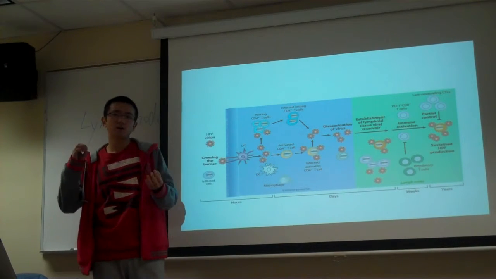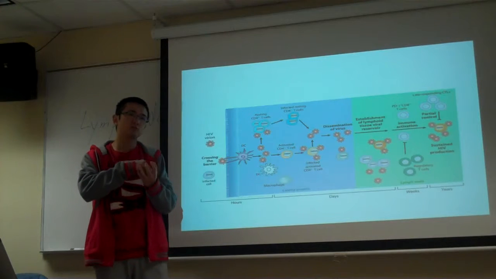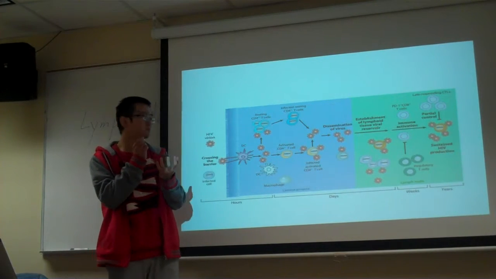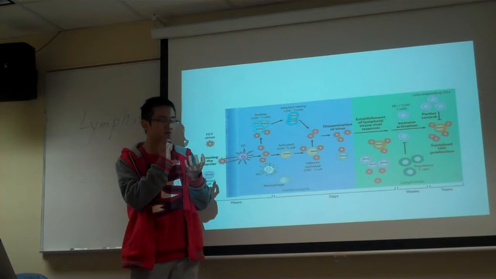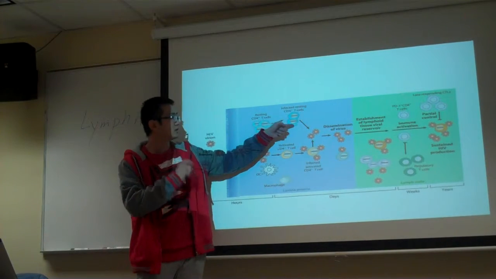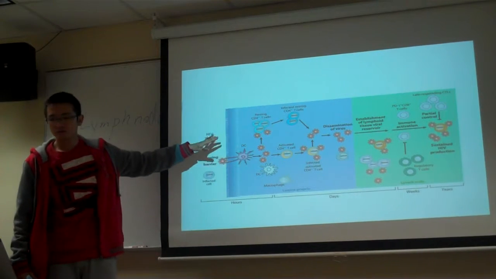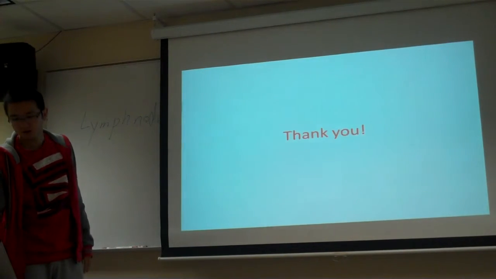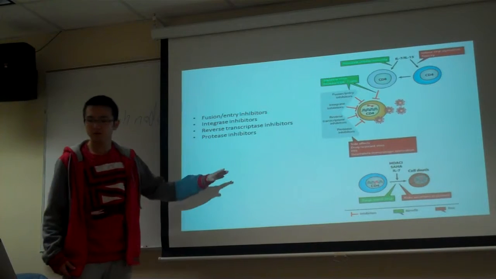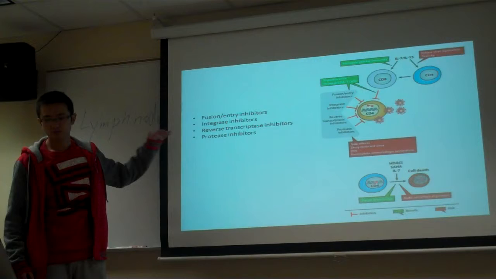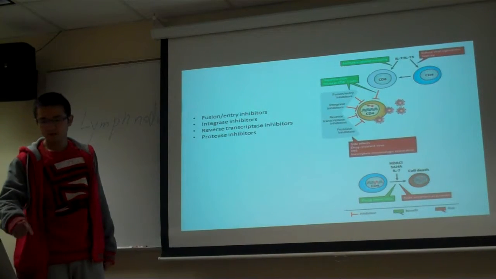Remember that after they inject their genes into the T cells, they will insert the HIV's genes into the T cells' genes. This process needs integrase, so integrase inhibitors are a possible way to stop it.